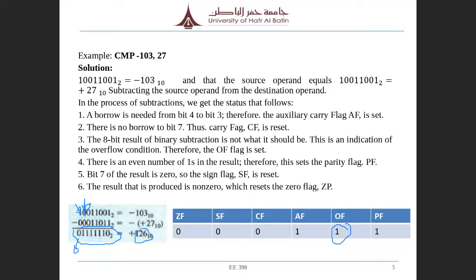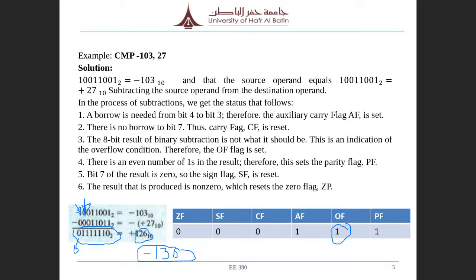But look at this: minus 103 minus 27 is not plus 126. The actual result is minus 130. So this minus 130 is not enough for 8 bits. It needs more than 8 bits. That's why it is called the overflow flag.